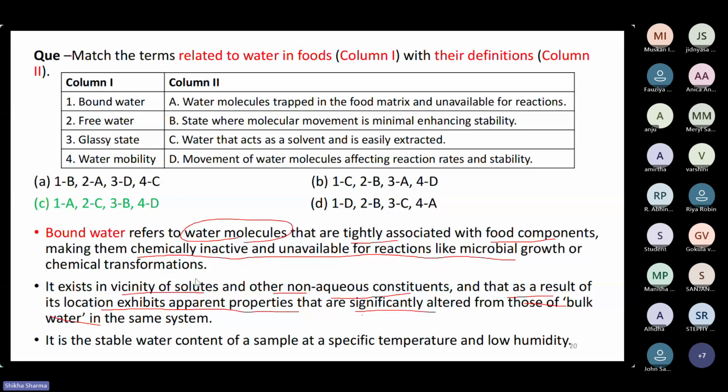Because it is in close proximity with the food, it has a somewhat different or deviated property as compared to the free water, or the water which is present in the bulk.